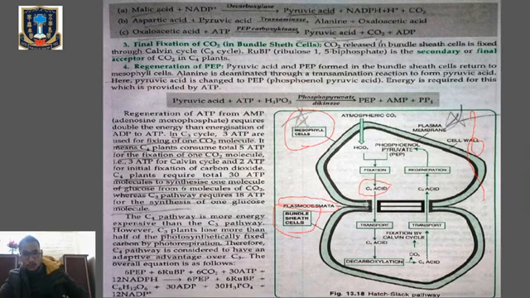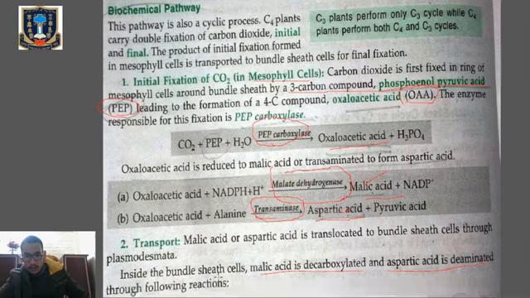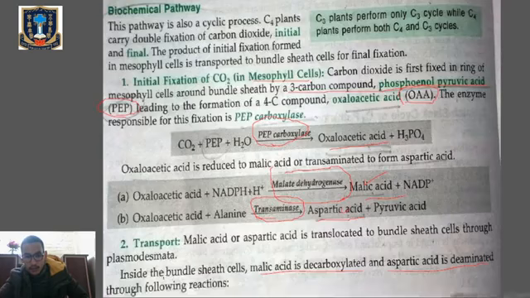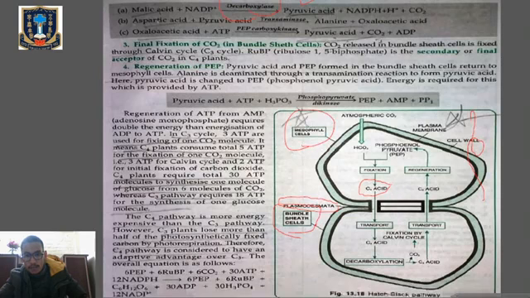Clear? Inside the bundle sheath cells, malic acid is decarboxylated by the enzyme decarboxylase to form pyruvic acid, or aspartic acid will be deaminated to form alanine and oxaloacetic acid.